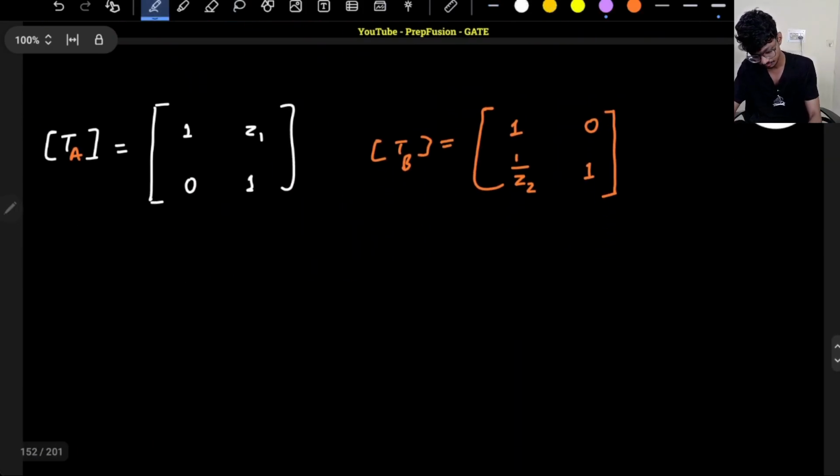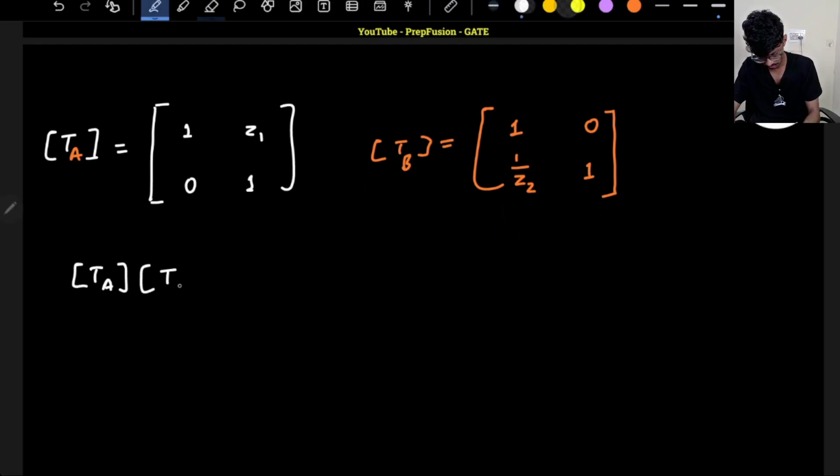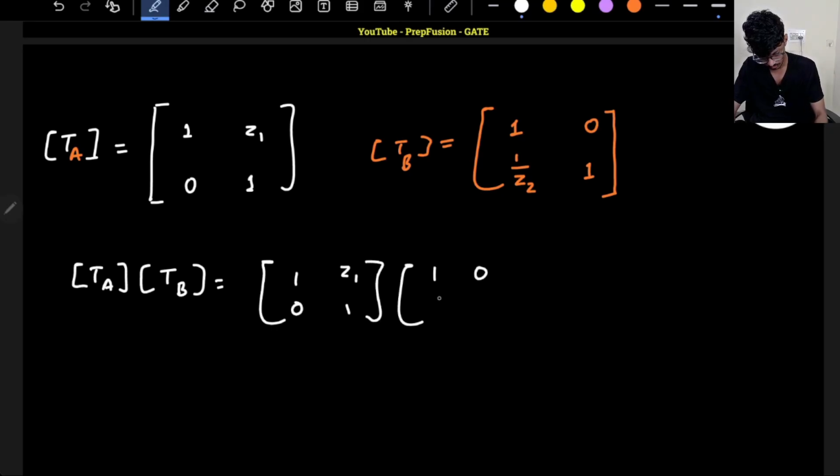Okay, so TA into TB will be equal to this: [1 Z1; 0 1] into [1 0; 1/Z2 1]. So this will be equal to 1 plus Z1 divided by Z2, and Z1, then 1 by Z2, and 1.